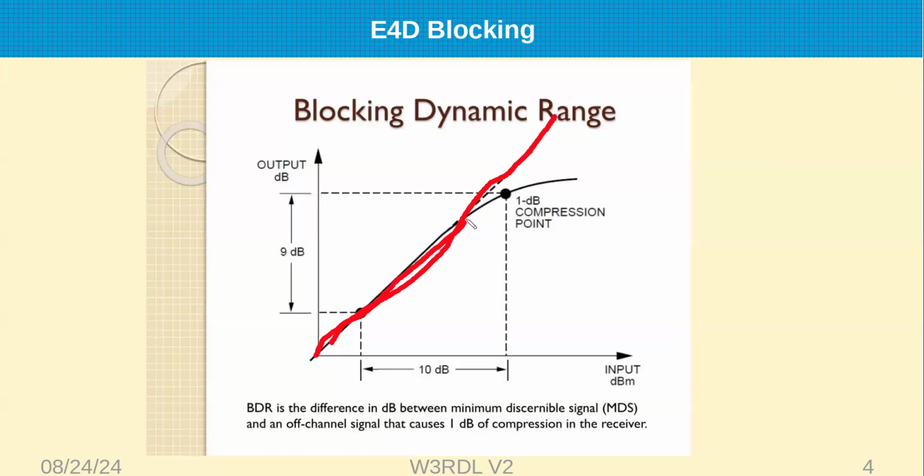So at some point, we start to be nonlinear and deviate. So what they're saying is, at what point does the output from the signal become 1 dB less than the input?